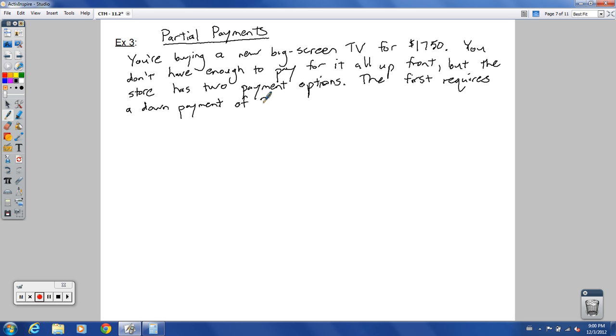The down payment, if you haven't heard of that phrase before, would be just money you're putting down before getting any sort of loan. So you're paying this up front, $500, and then $1,500 in 6 months.